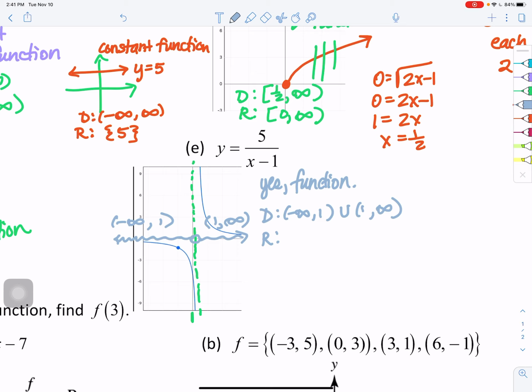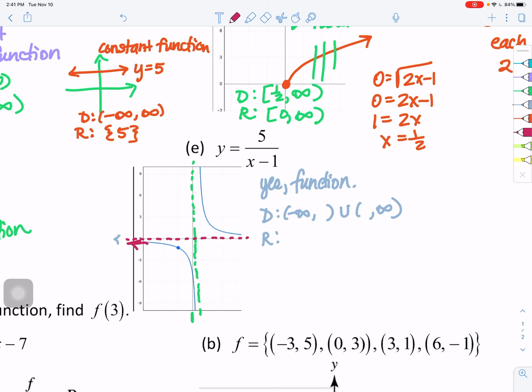Now, because we don't have the value 1, we lose a range value. So I'll go ahead and take this off. And let's talk about the y values. What do you notice? Y doesn't seem to ever be equal to 0. Right here. So we actually have a horizontal asymptote.